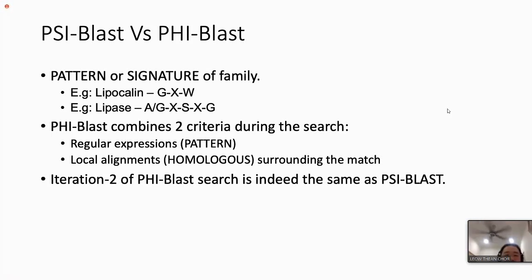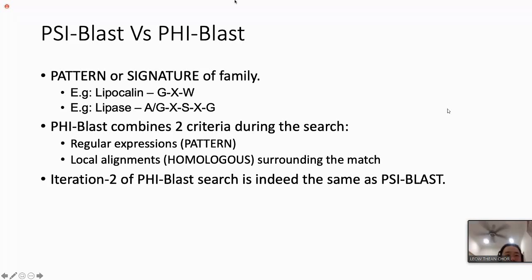And then PHI-BLAST performs the search but limits alignments to those that match a pattern in the query. So for PSI-BLAST, they perform the search that does not take into account the pattern of the sequences. They just take into account the local alignments of the sequences.